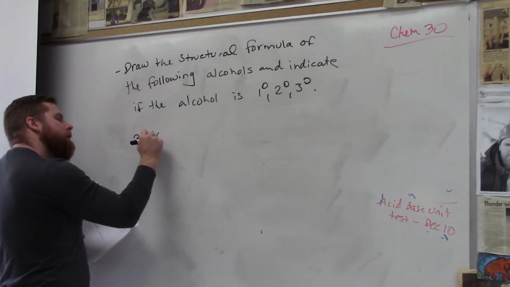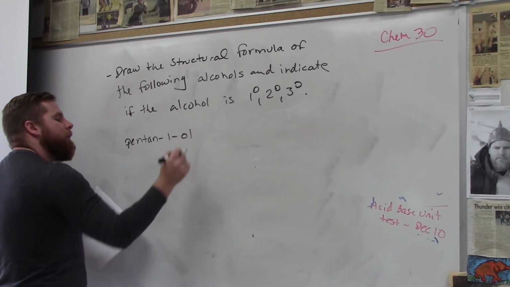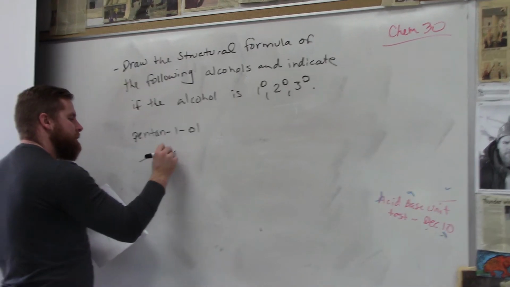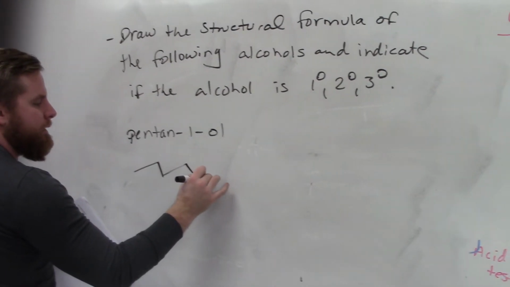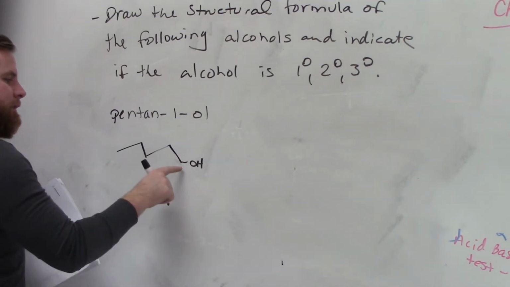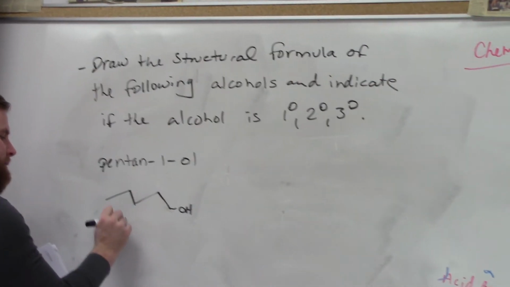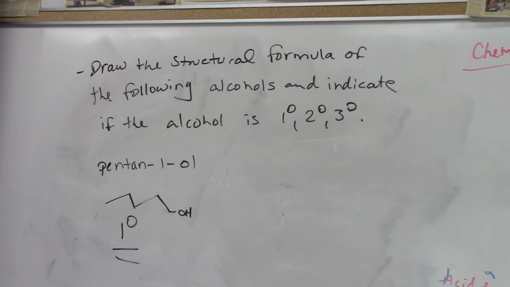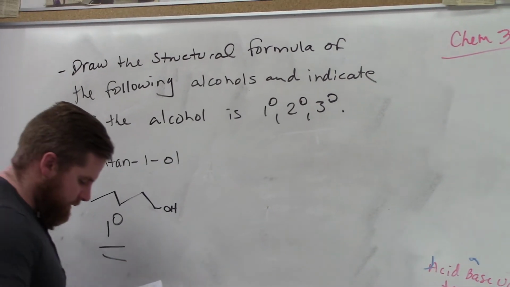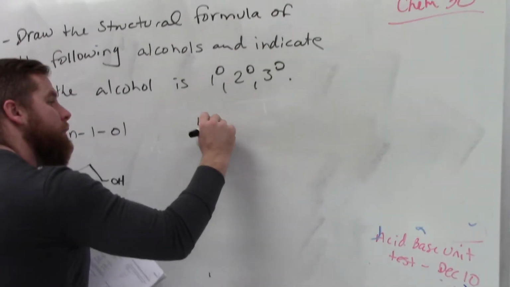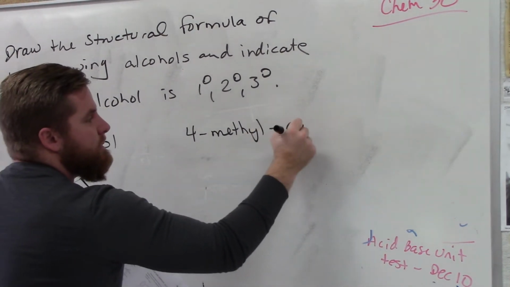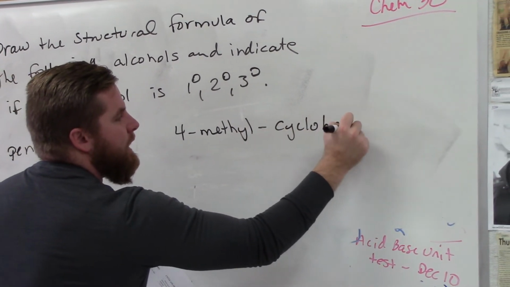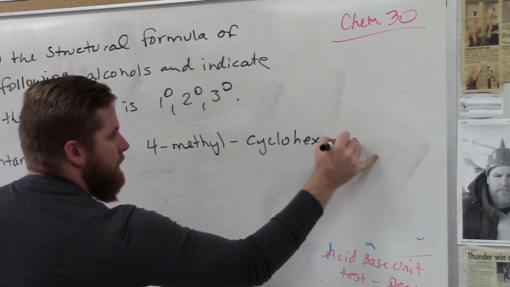Pentan-1-ol. All right, so let's draw this. It's going to be on carbon number 1, so there's my hydroxide. The carbon is only attached to one other carbon, so that's a primary alcohol. What about this one? 4-methylcyclohexanol.